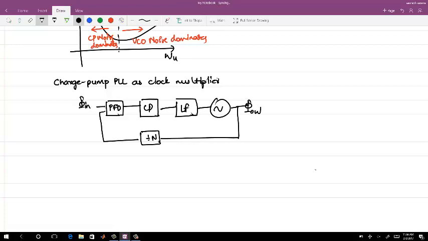This is the frequency divider, so the phase gets divided by the loop gain. It divides the frequency and the phase gets divided. So it's a clock frequency divider.